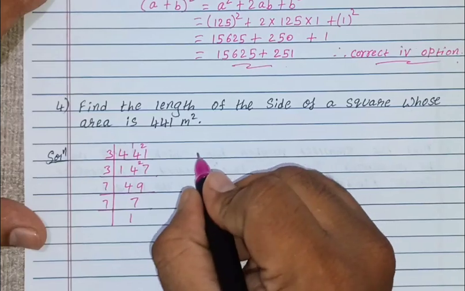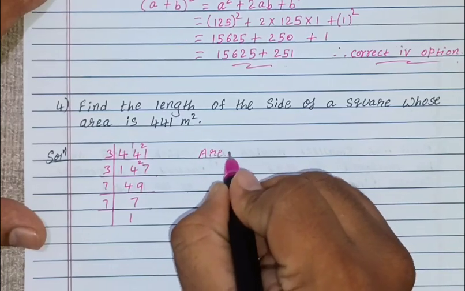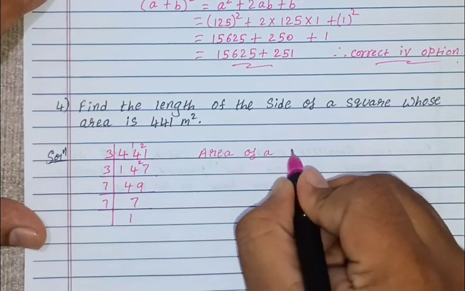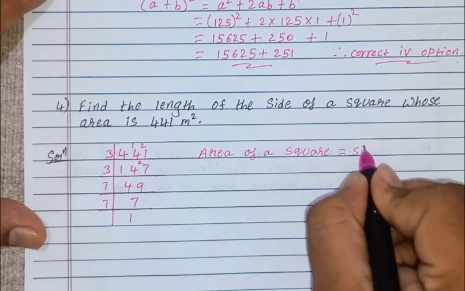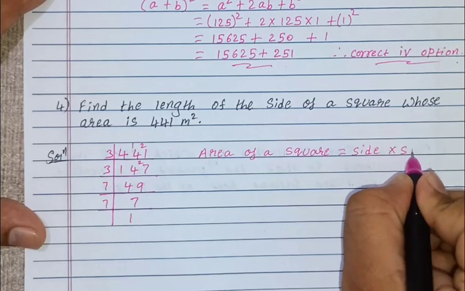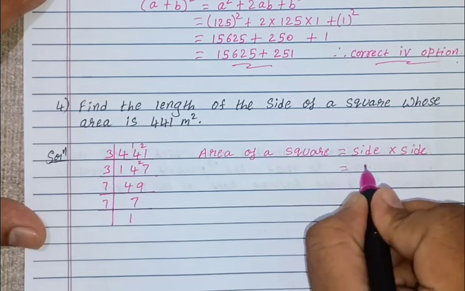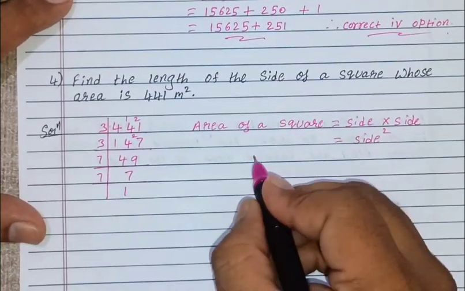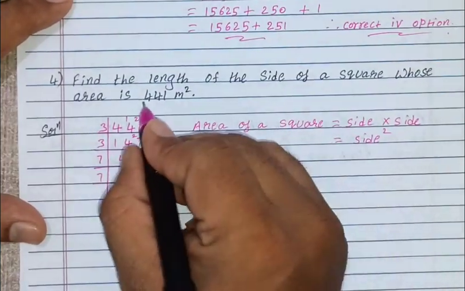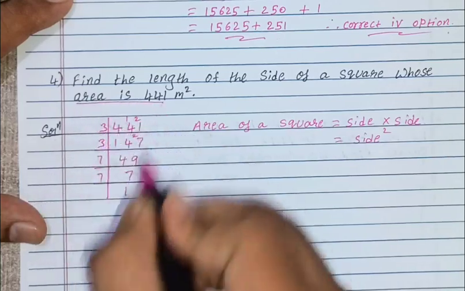So now here we already know what the area of a square is. Area of a square is equal to side into side, that is nothing but side square. Now we very well know that the area mentioned here is 441.